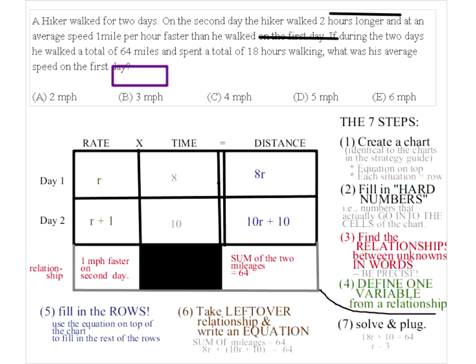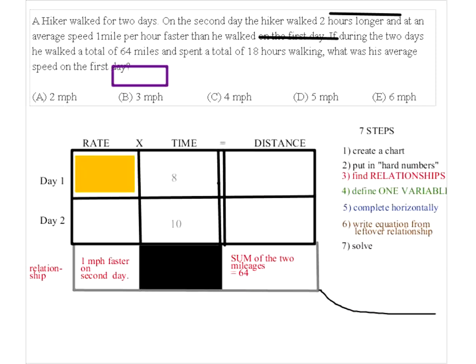We're going back to step 4. We're saying, what if I chose this variable instead? So you can't give me a 24 and a 40 because that means you've already solved the problem. So smiley face if that makes sense. Okay, good. So yeah, we would call these something like D and 64 minus D.